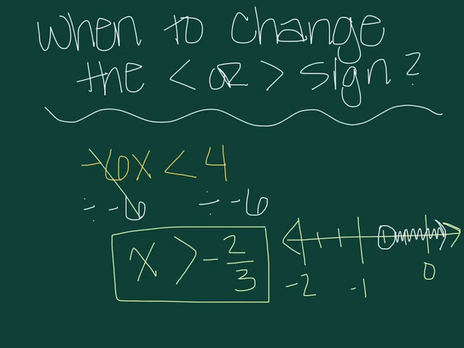So let's do one last example so that we can make sure we're clear on everything. So let's say that we had 2 is greater than a negative p over 2 plus 4. Very first step, subtract 4 from both sides.